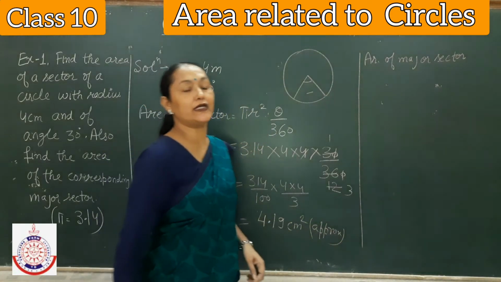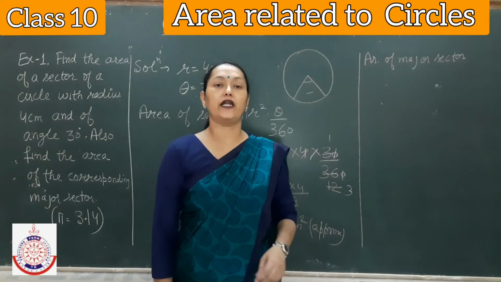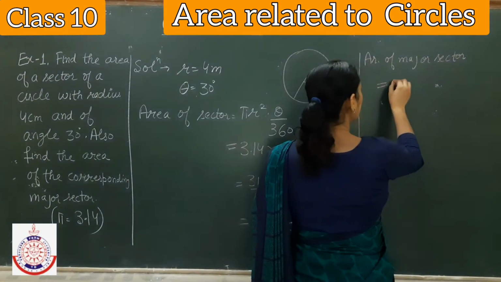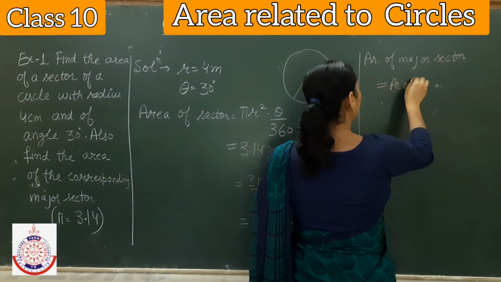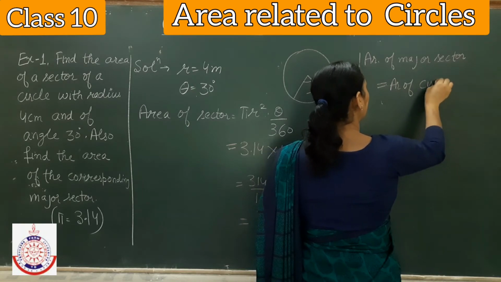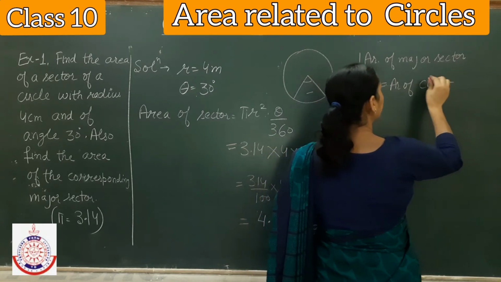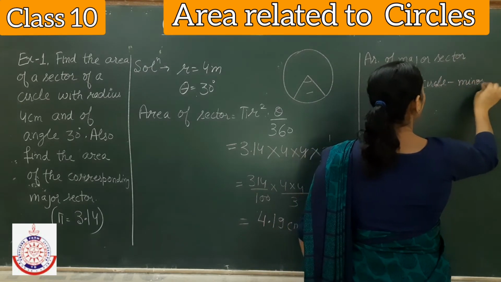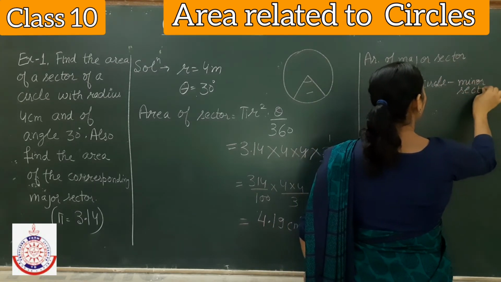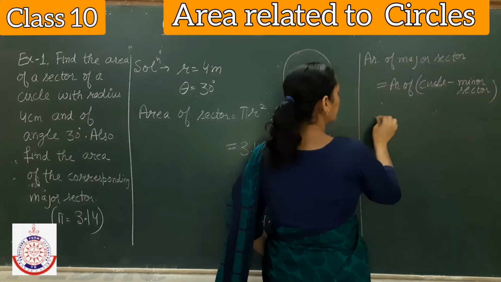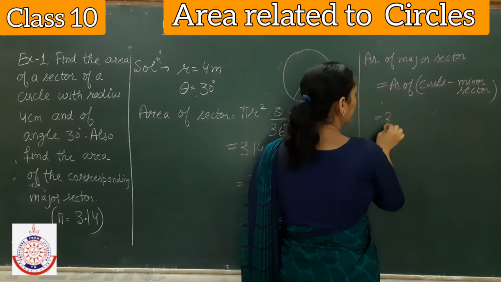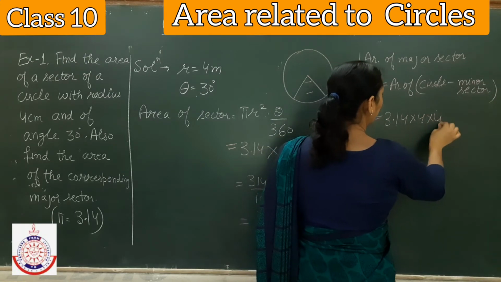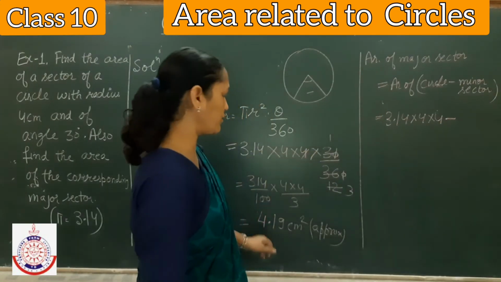Now we have to calculate area of major sector. Area of major sector is area of circle minus area of minor sector. Area of circle is pi r square, 3.14 into 4 into 4, minus this 4.19.